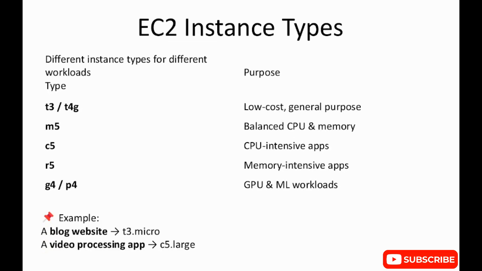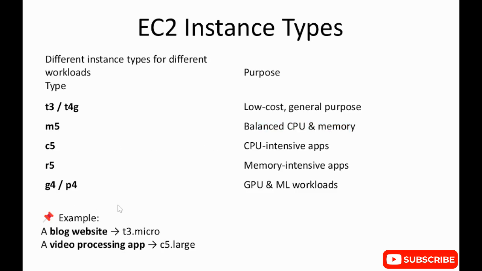EC2 instance types: there are different instance types for different workloads. T3 or T4g are used for low cost or general purpose. M5 is used for balanced CPU and memory.